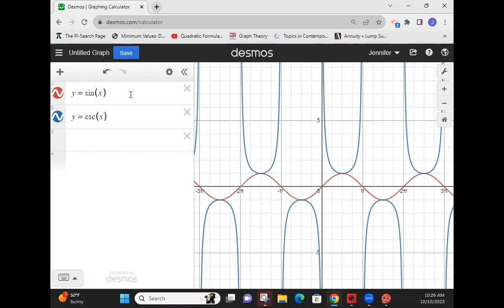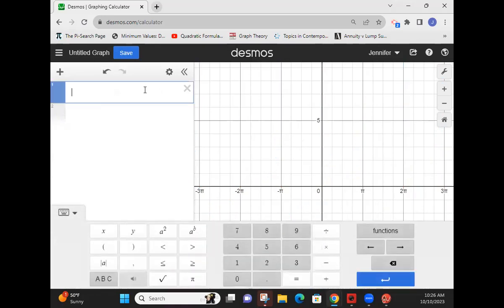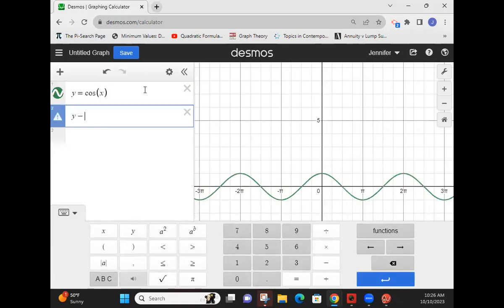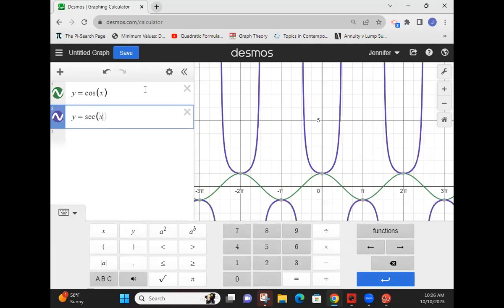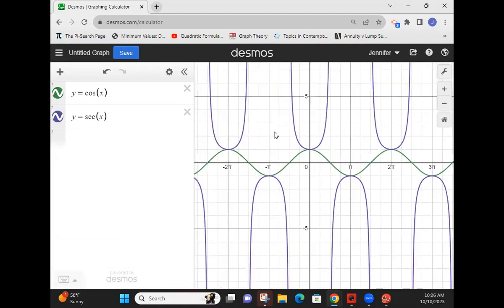The exact same thing, right? So if I got rid of sine and cosecant and graphed instead cosine and y equals secant. Same thing.